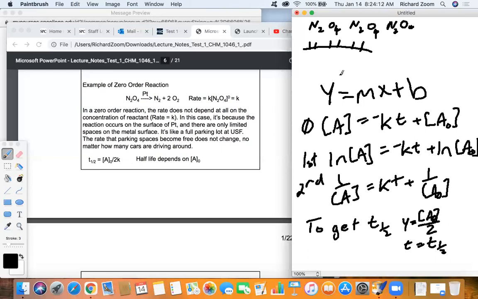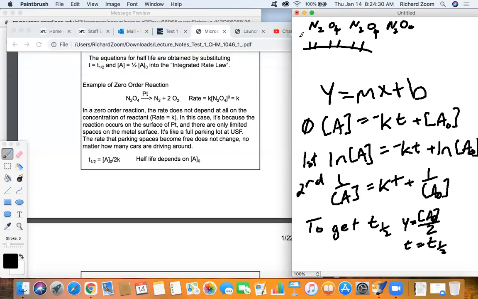All these cars were rolling around the parking lot looking for a parking space, and whenever a space became available, obviously someone would take it. But the point is there were many more cars than there were parking spaces, and that's the way it is with the N2O4 and the number of slots on the platinum.